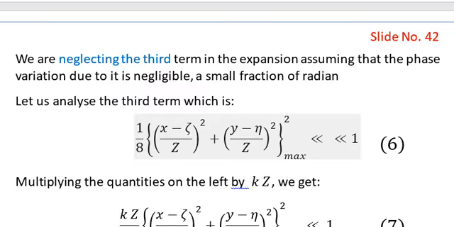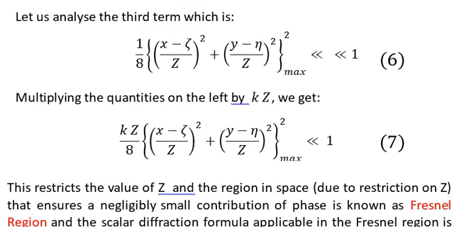In equation number 7, we now multiply by k and z on the left hand side, and this is only less than 1. Before that, in equation 6, four less than signs were used, but in equation number 7 we have only two, because k is a very large quantity, and of course capital Z is also large when you move away from the diffracting aperture.